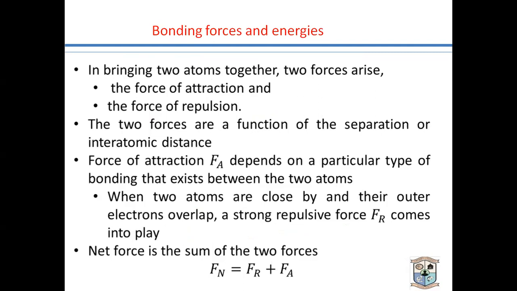So the force of attraction Fa depends on the particular type of bonding that exists between the two atoms. When two atoms are close by and their outer electrons overlap, a strong repulsive force Fr comes into play. And the net force is the sum of the two forces. So the formula there: net force is equal to Fr plus Fa.